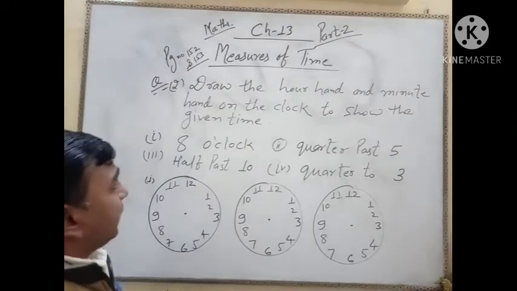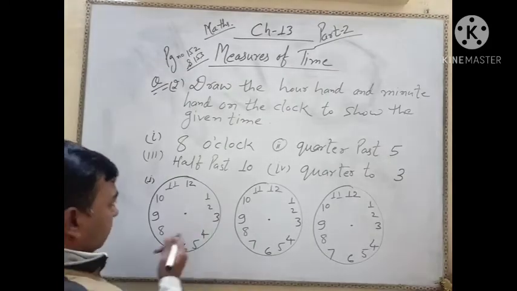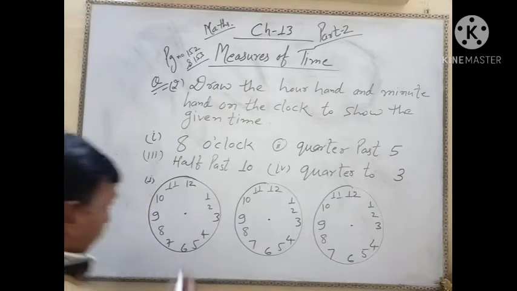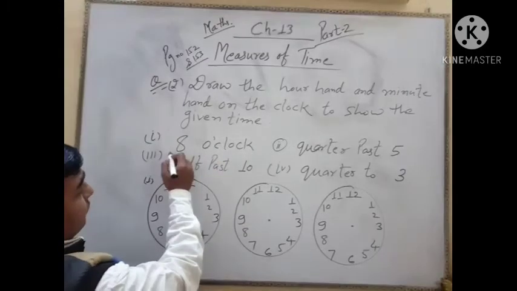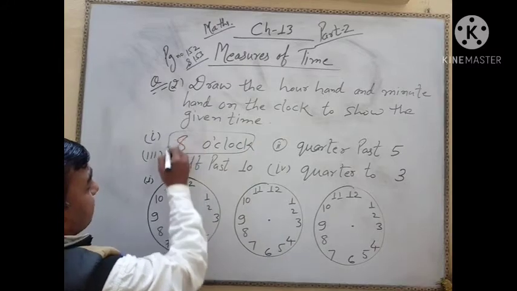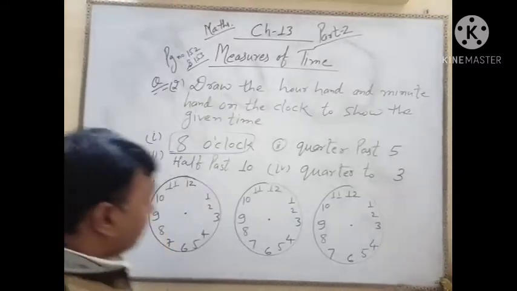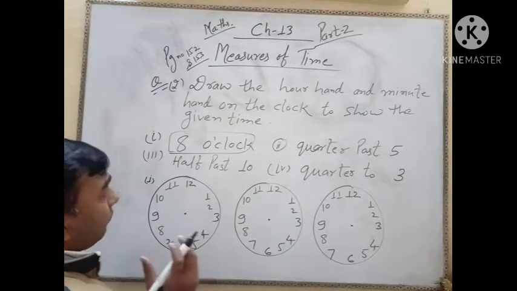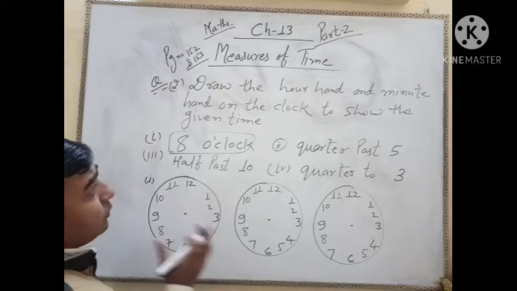First question is 8 o'clock. 8 o'clock. To show this time on this given clock, we will have to draw two hands.